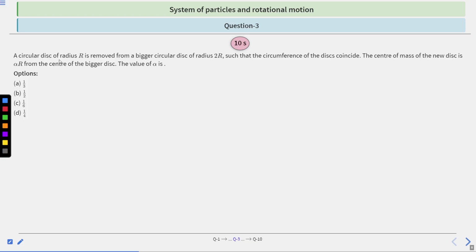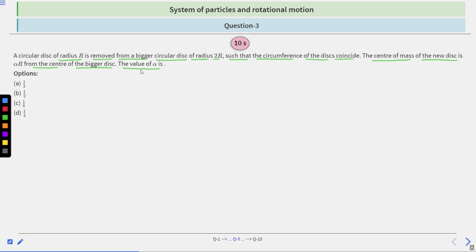Question 3. A circular disc of radius r is removed from a bigger circular disc of radius 2r such that the circumferences of the discs coincide. The center of mass of the new disc is alpha r from the center of the bigger disc. The question asks for the value of alpha.